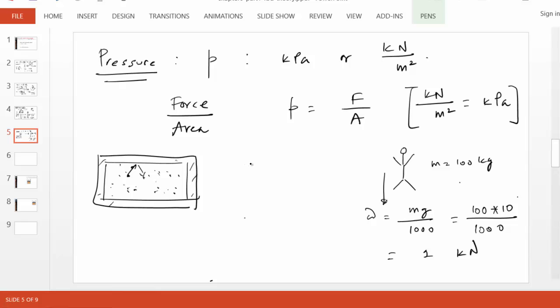That should not be confused with, suppose I have a tank of water. We all know that as you go down, pressure increases. And that's because of hydrostatic pressure, because gravity is present here.